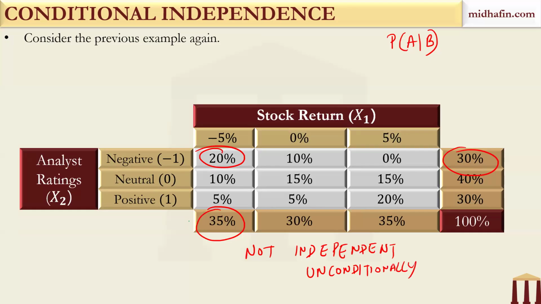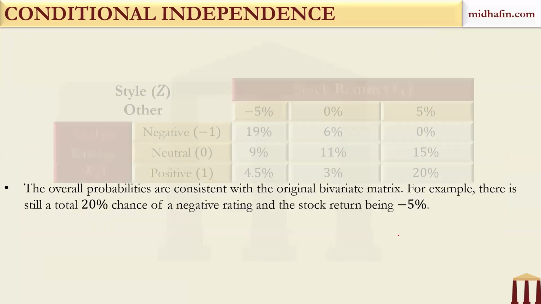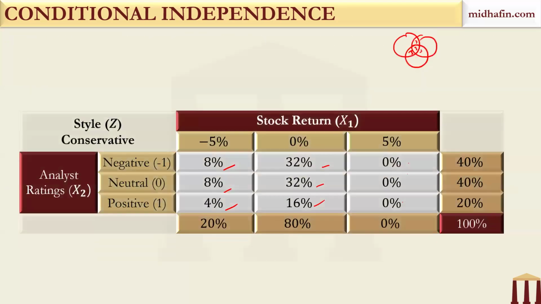But once you have a third event, conservative style. We are only in the conservative style. Now check. Are they independent? Yes. So again, the numbers have been very carefully chosen so that you can understand conditional independence also.